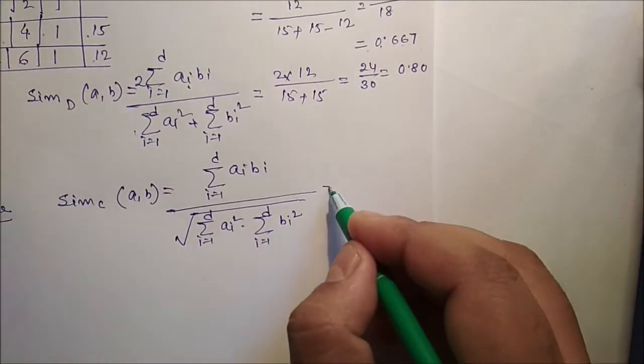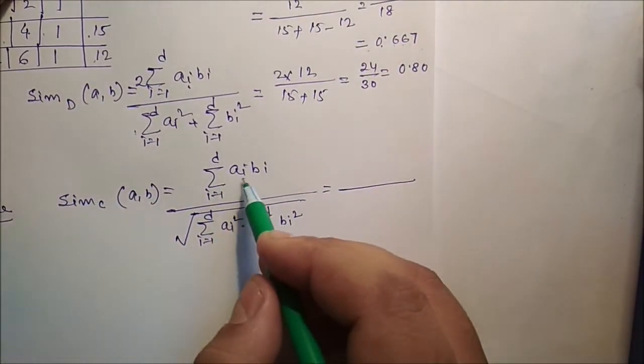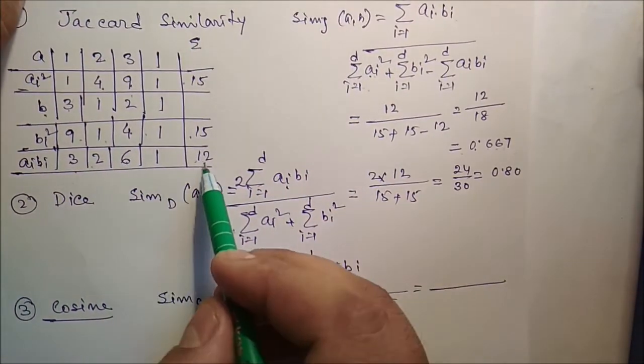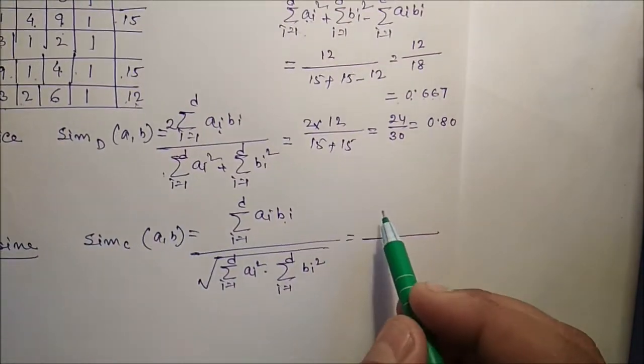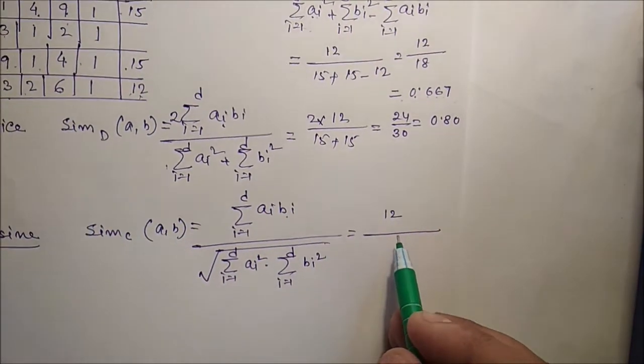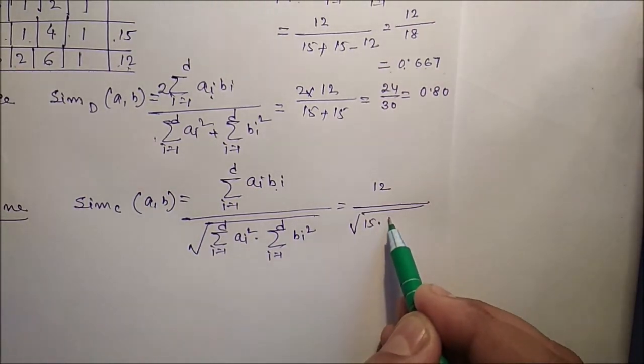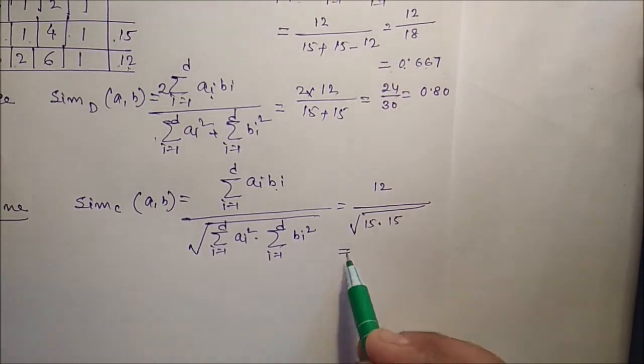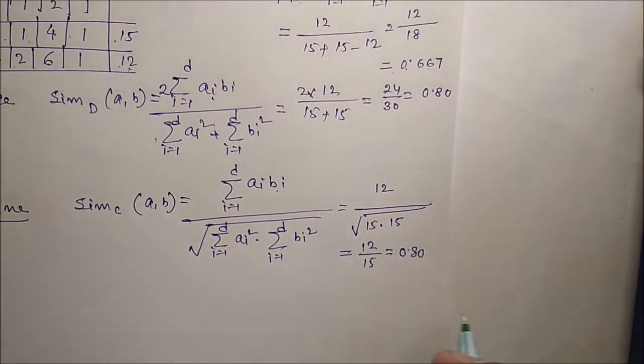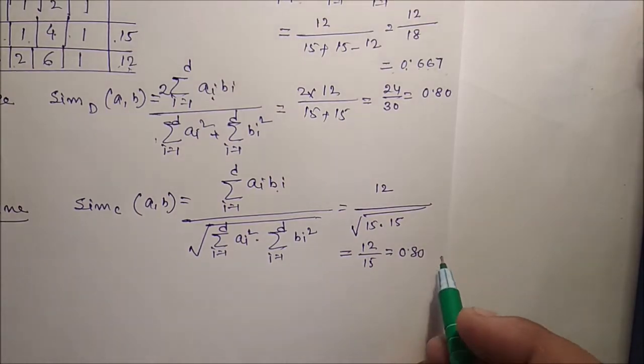Summation of AiBi is already calculated, it is 12. So 12 divided by Ai square, 15, and Bi square, also 15. So 12 by 15 is equal to 0.80.